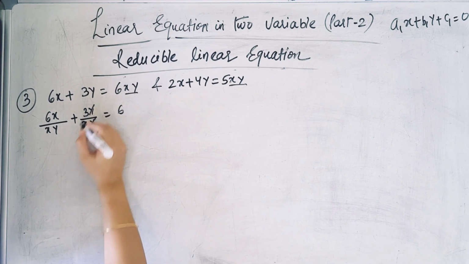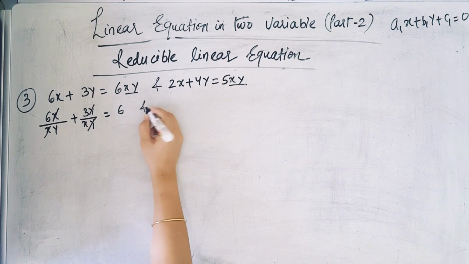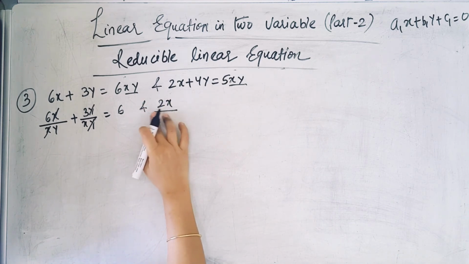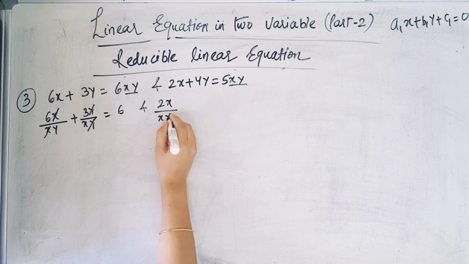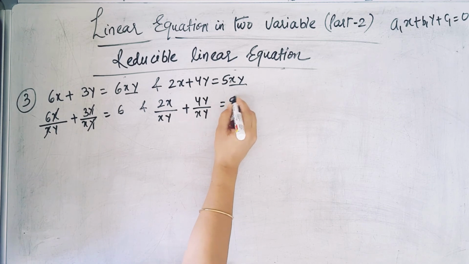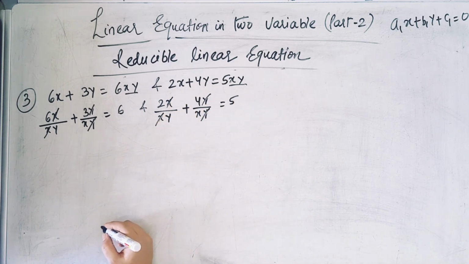So now see, y is cancelled from here and x gets cancelled from here. Similarly we'll do over here: 2x upon xy plus 4y upon xy equals 5. So y got cancelled from here and x got cancelled from here.